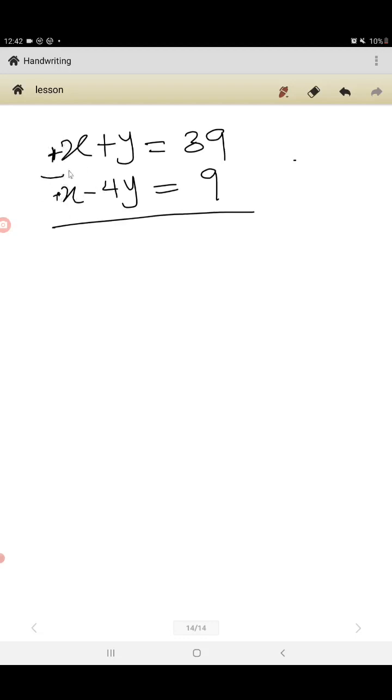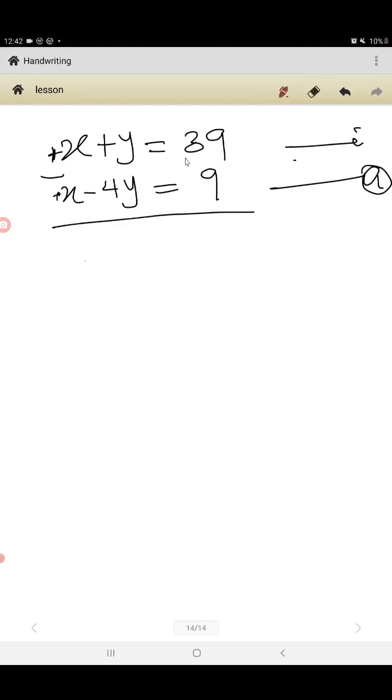Let's subtract. Let's say this is equation 1 and this is equation 2. So we have to subtract equation 2 from equation 1.